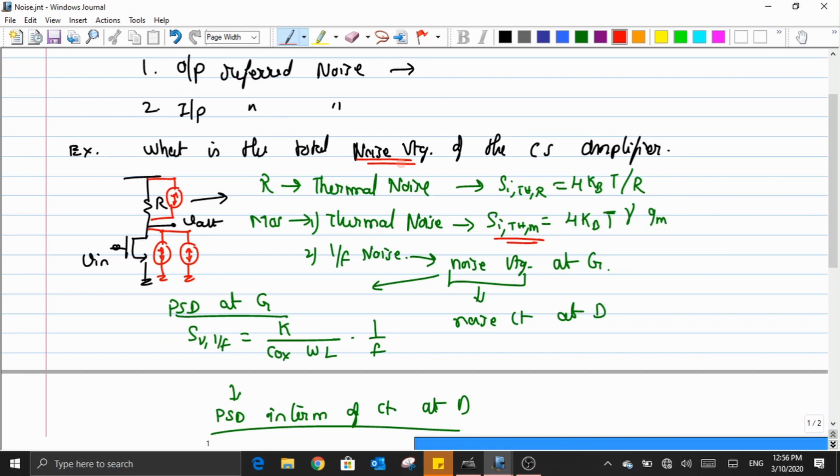We know that I times R will give us the voltage. R is something that we need to identify for the given circuit. What is the value of R across the output node? R in parallel with ro.